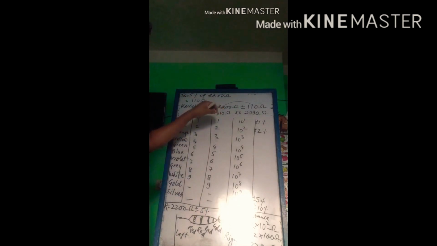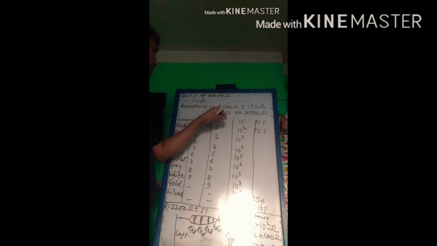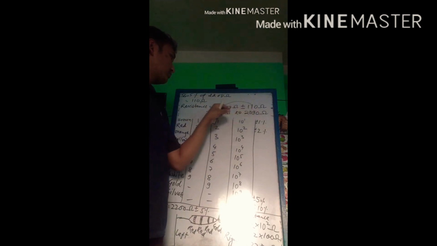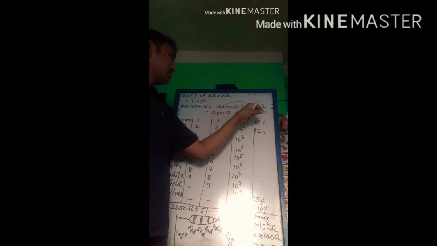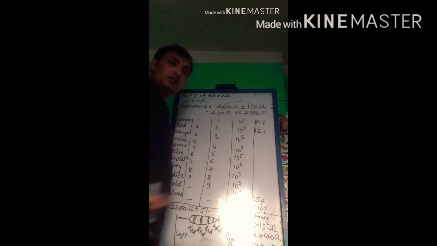So the resistance of this resistor varies from 2310 ohm to 2090 ohm. It means it has a tolerance between these two. This is what 5% means. So you have to understand what tolerance means.